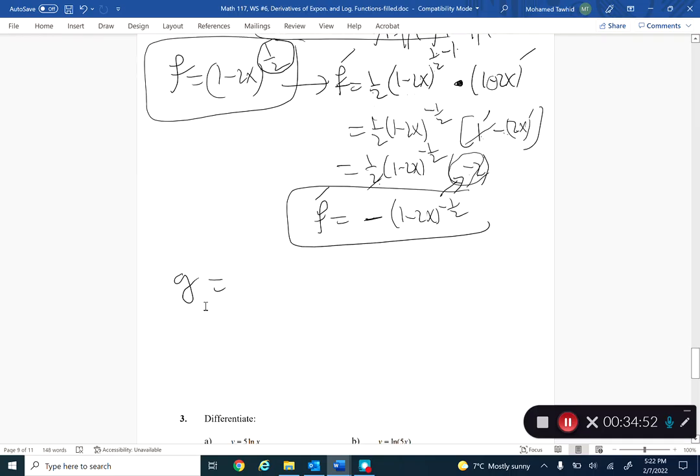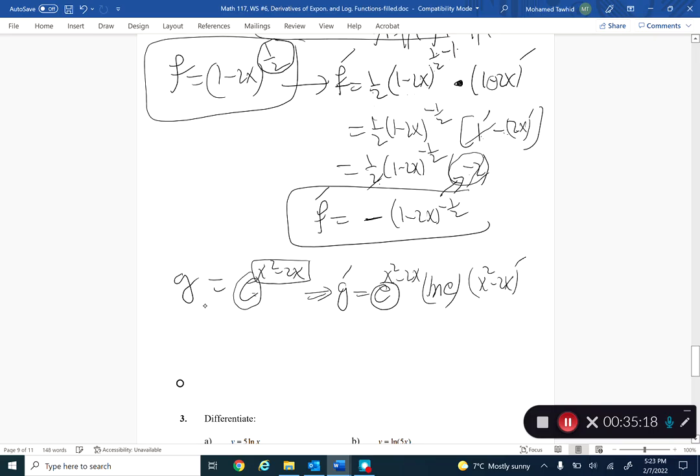So what is your g? E to the power x squared minus 2x. This one is exponential, because e, 2.7, is your base here, a number, and here is your exponent. Then what is the derivative? The derivative here should be exactly the same, exponential, and then ln e, that is your ln b, and you have to multiply by the derivative of the exponent, which is x squared minus 2x prime.